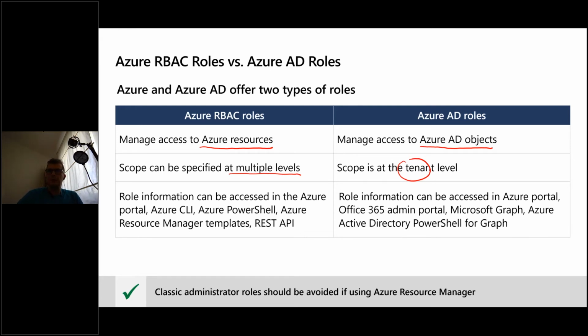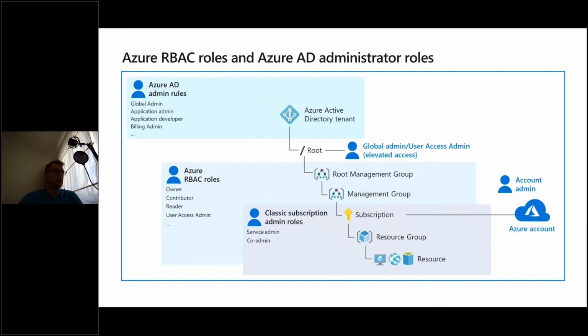So why do we have two of these, and why don't we just have one instead of two? Why are these not incorporated in one? Because of the history, it drags from the past. Initially, access to resources was managed by 3 admin roles.